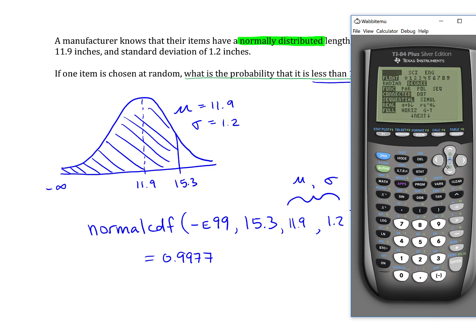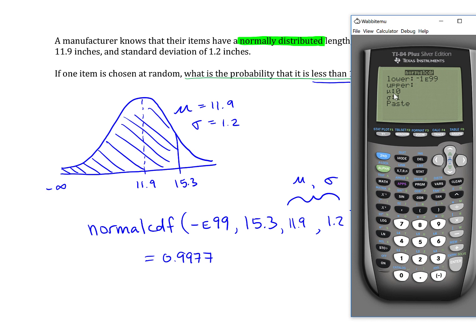Now, some of you may have seen something different on screen when you use the normal distribution function. And that's because some of the later calculators have what are called stat wizards. And if you're using the stat wizards, the normal CDF function comes up with a menu where you can type in the different values instead of typing them into the function.